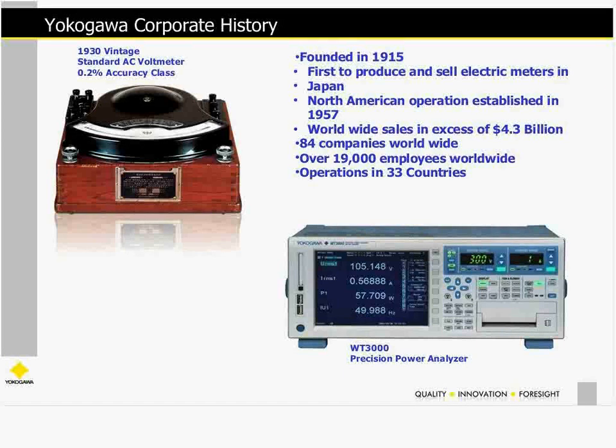Today's worldwide sales are over $4 billion, and we have about 84 different companies worldwide, and a lot of different products and different applications and industries that we serve. There's over 19,000 employees worldwide, operating in about 33 countries. So a little bit about Yokogawa.